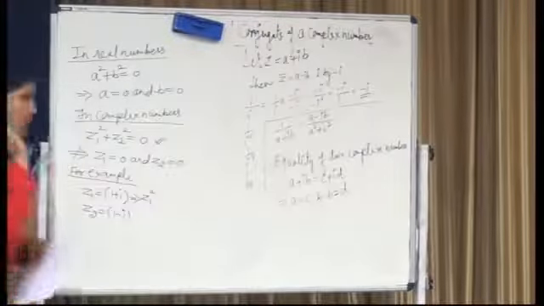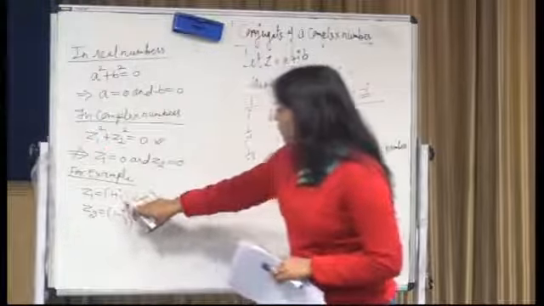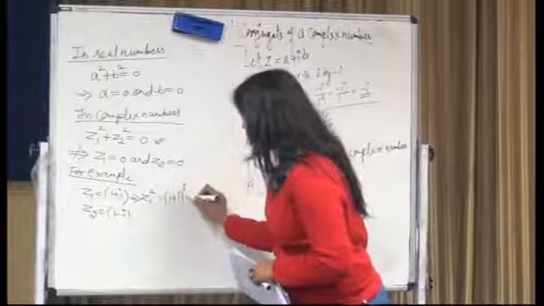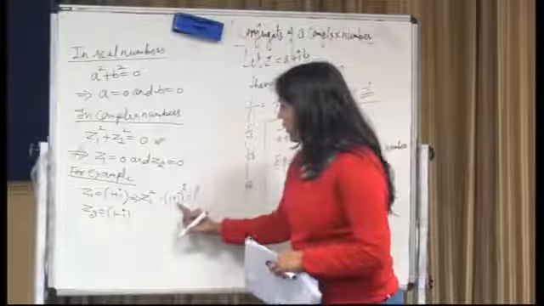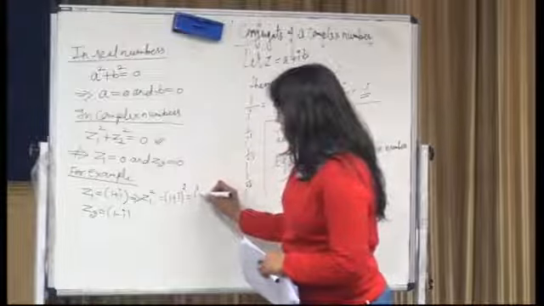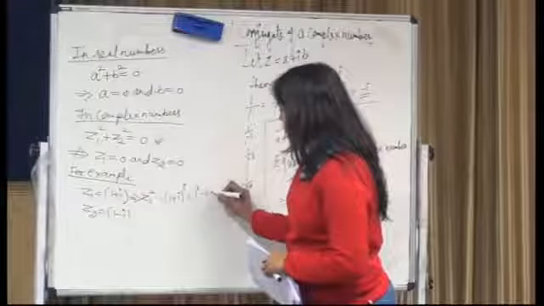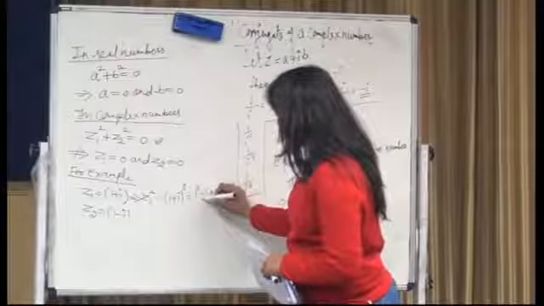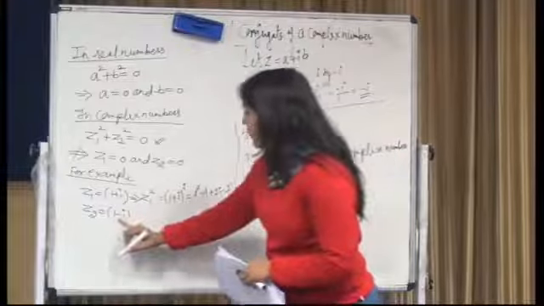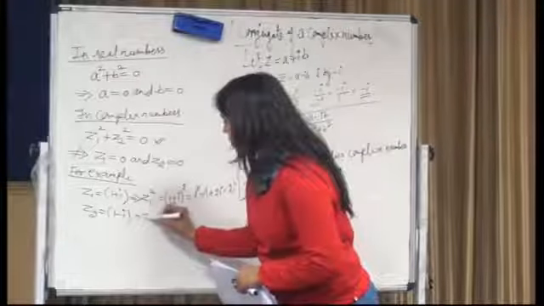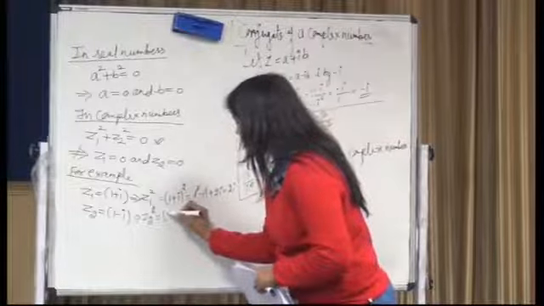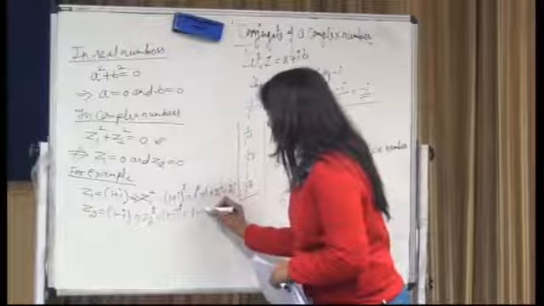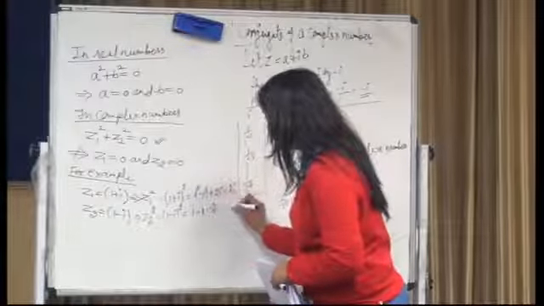So I am giving you an example. z1 is 1 plus iota. So z1 square will be (1 plus iota) whole square. This will be 1 square plus iota square, plus iota square means minus 1, plus 2 iota. So ultimately this gets cancelled. Fine. z2 is 1 minus iota, so z2 square is (1 minus iota) whole square, so 1 minus 1 minus 2 iota.